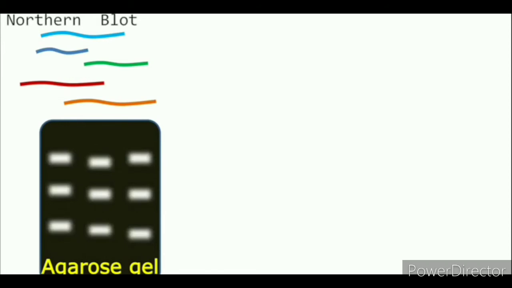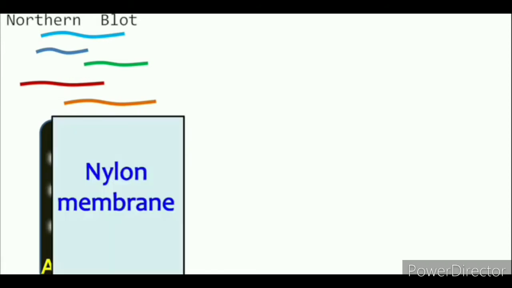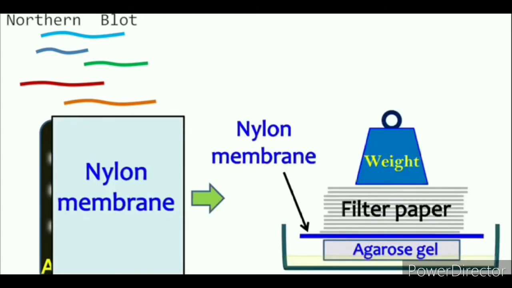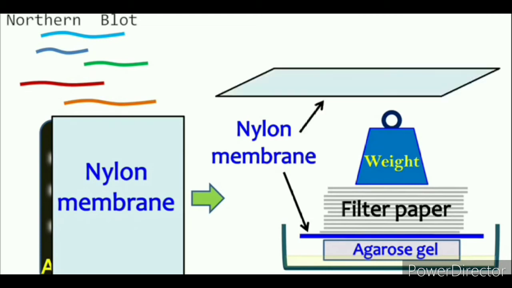For this purpose, the nylon membrane is placed on the gel and filter paper is placed on top. Now the buffer moves through the gel due to capillary action. The filter paper absorbs the buffer and the RNA present in the gel binds to the nylon membrane.